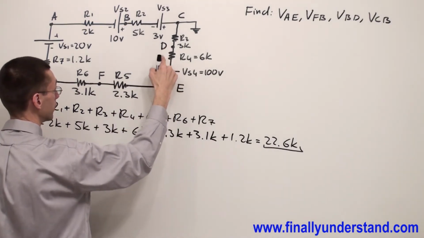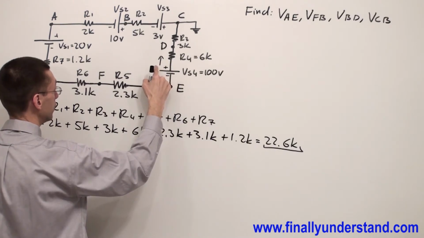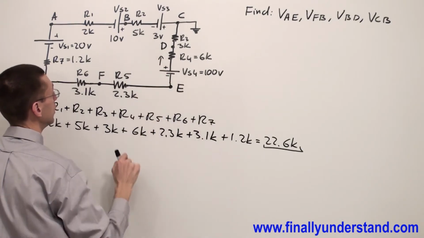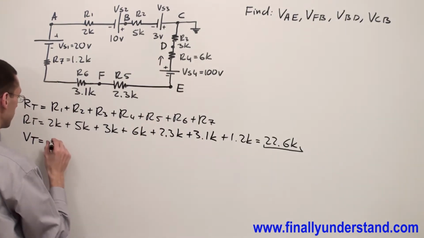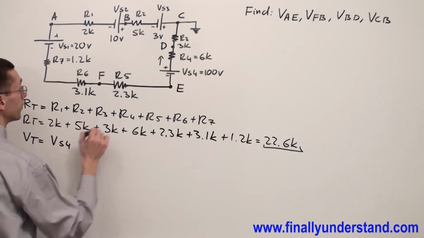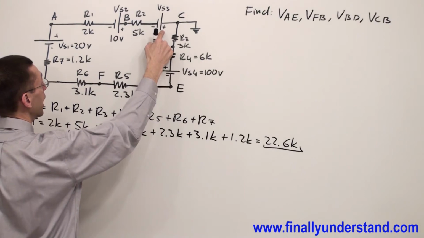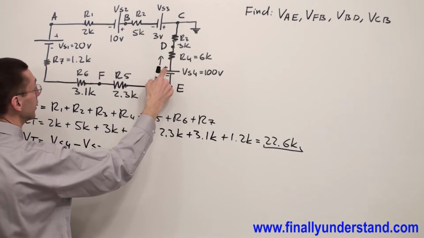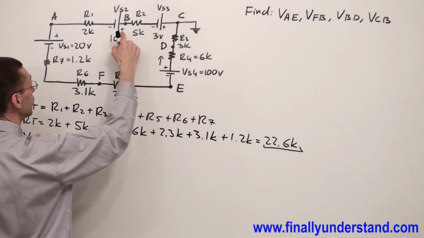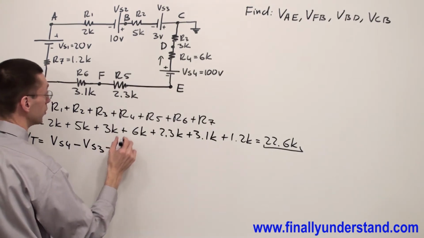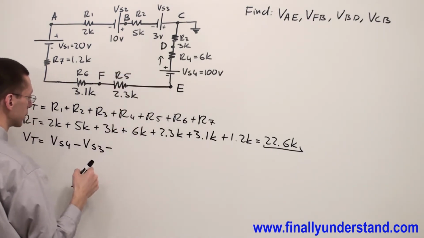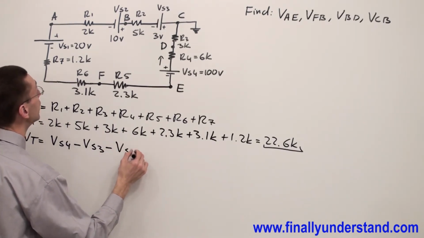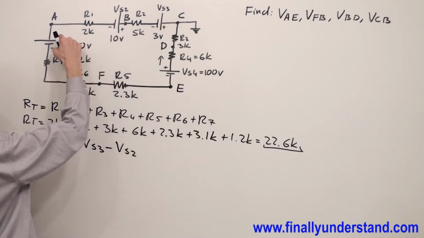I'm going to go this way because I use conventional current flow, and this is the positive terminal, so theoretically the current is supposed to go up. So I have voltage source 4, and positive terminal goes to the positive. That's why I'm going to subtract voltage source 3, and I'm going to keep going, and again I have a positive terminal. That's why I'm going to subtract. Remember, anytime positive goes to positive, you have to subtract voltage sources. So I have voltage source 2, and I have another positive over here.